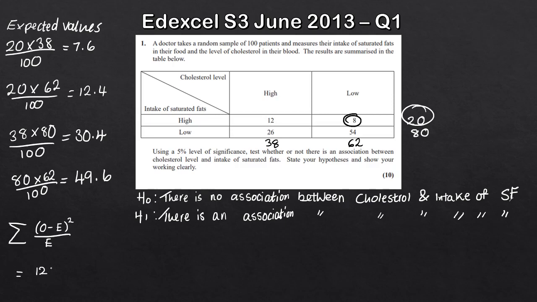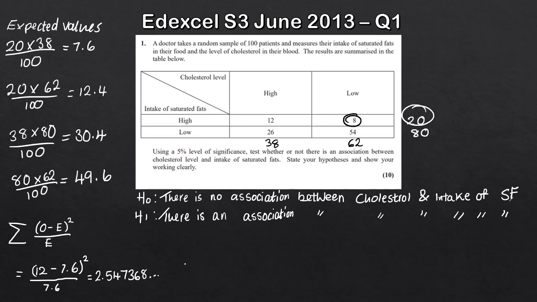So 12 minus the expected, 7.6. We're going to square that value, and then we divide it by the expected. So we expected 7.6. We divide it by 7.6. If you calculate all of that, you'll get 2.547368, and so on. And then obviously we need to do this for the next value and the next value and the next value. So we'll have 4 values in total.